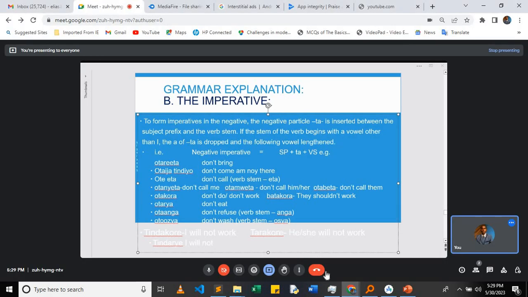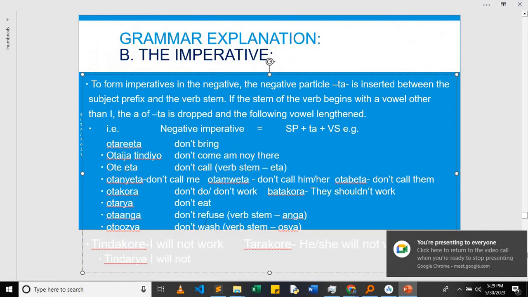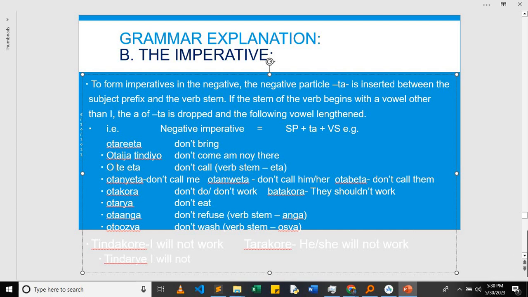So how do we make it negative? We have O already, and this T, which was ta, because the verb stem begins with a vowel, and the vowel is not a, not I, not e.